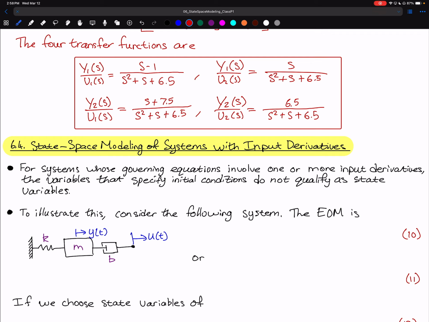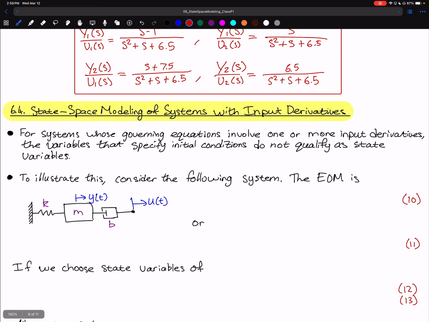Our equation of motion: we have a mass connected with a spring to ground, and then a damper connects to it, and the damper is being excited by some input u of t. So our equation of motion is m y double dot plus b y dot plus k y, and that is equal to b times u dot.